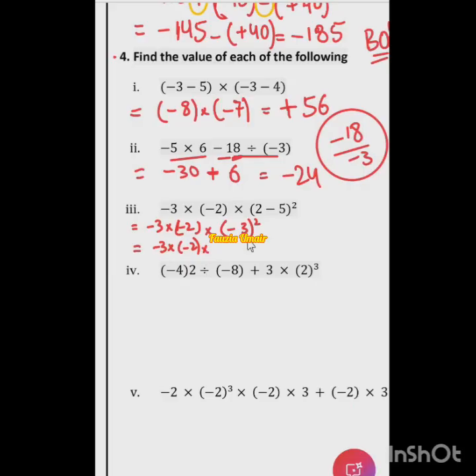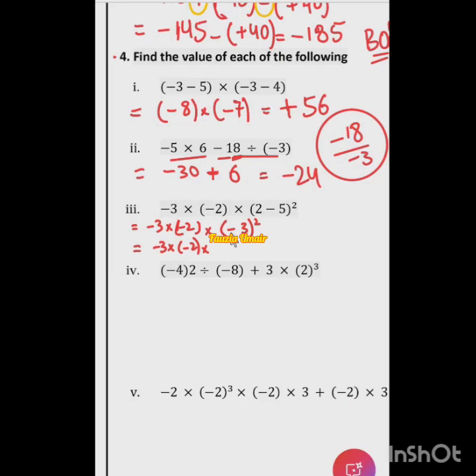Now tell me, we have to solve the power first. What is minus 3 squared? I told you yesterday, if there is a negative number with even power, will it be negative or positive?